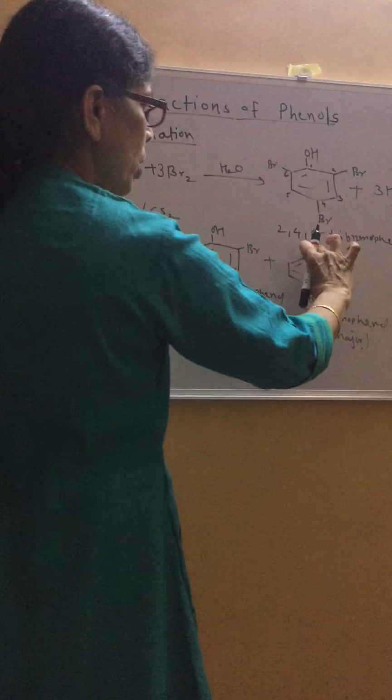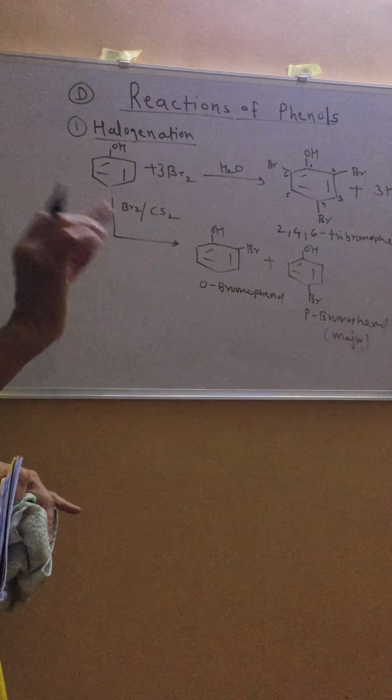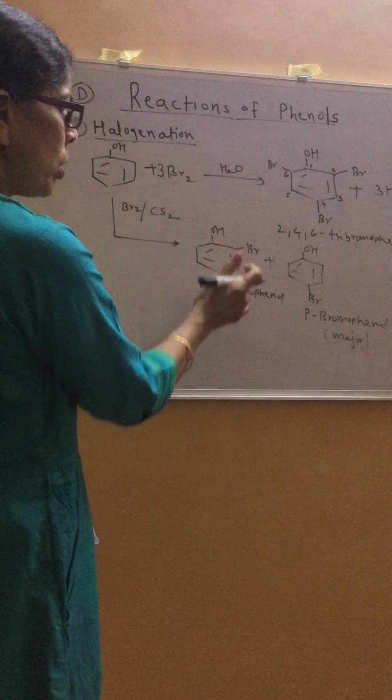These are away from each other, they will not repel each other. These are close to each other, they repel each other. So this is the minor product.